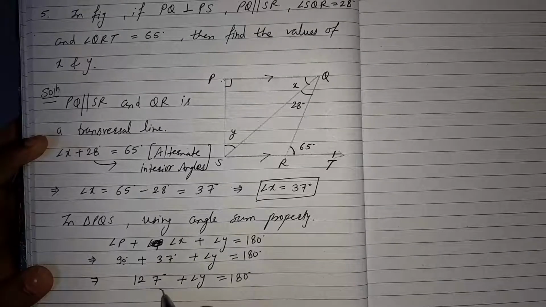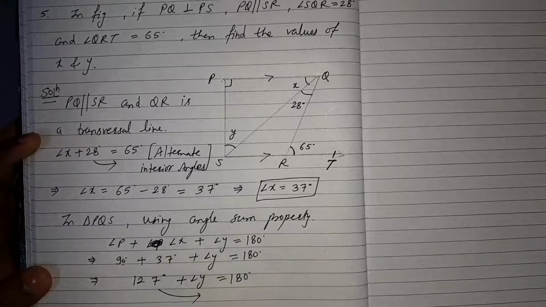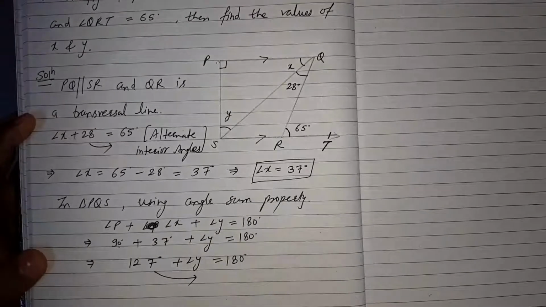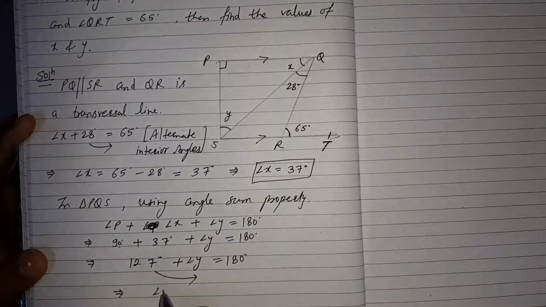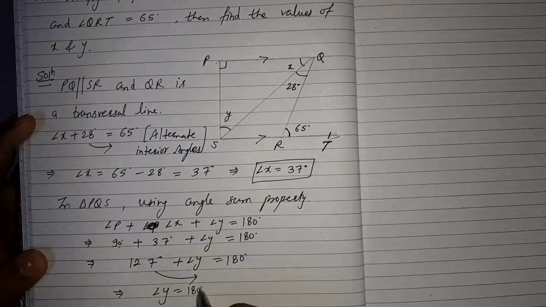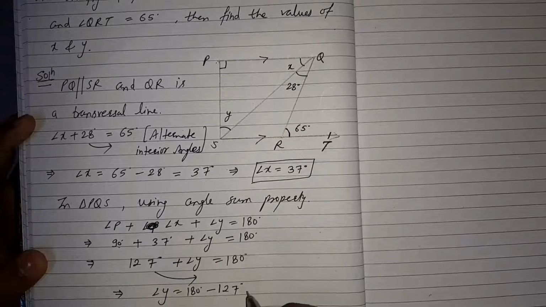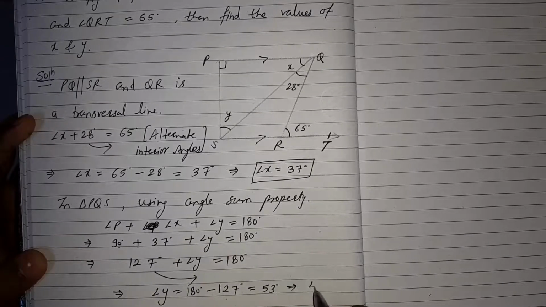Now transpose 127 to the other side, so it will be negative. So angle y will be 180 minus 127, which is equal to 53 degrees. So angle y will be 53 degrees.